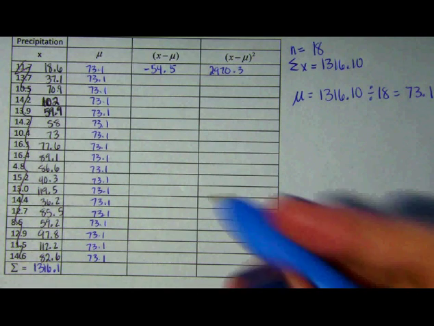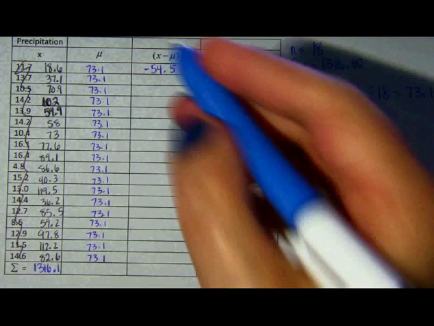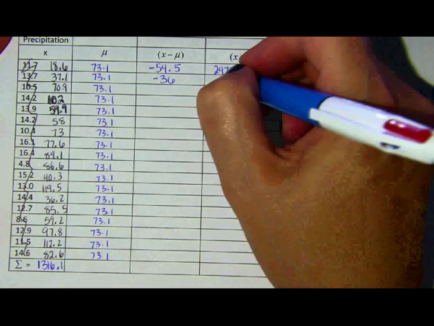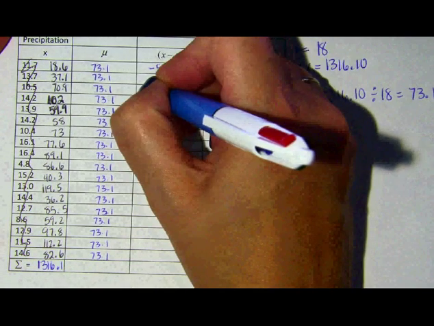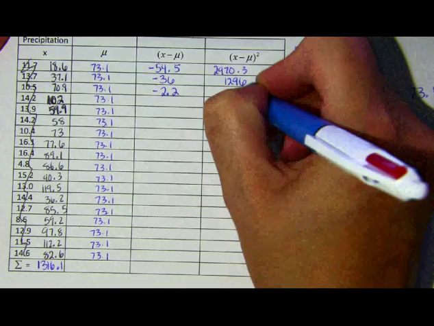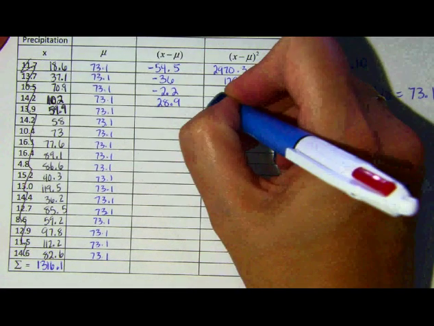Then I subtract 37.1 minus 73.1 and I get negative 36, and I square that. I subtract again and I get negative 2.2 and I square that. Then I subtract again and I square.